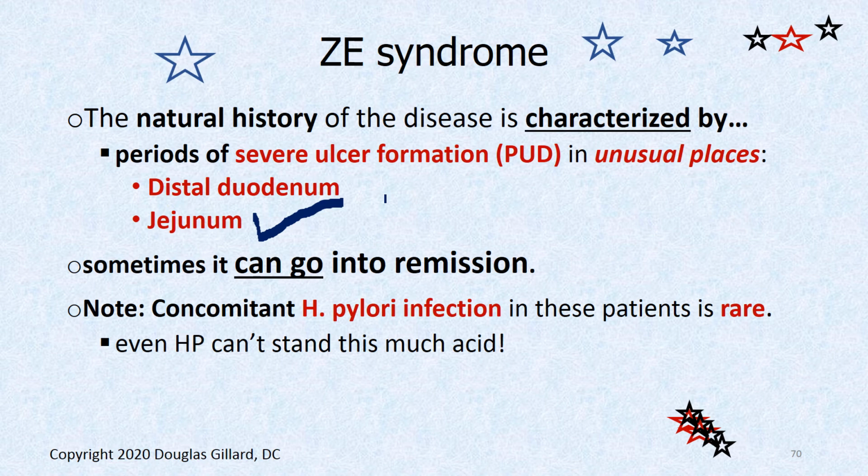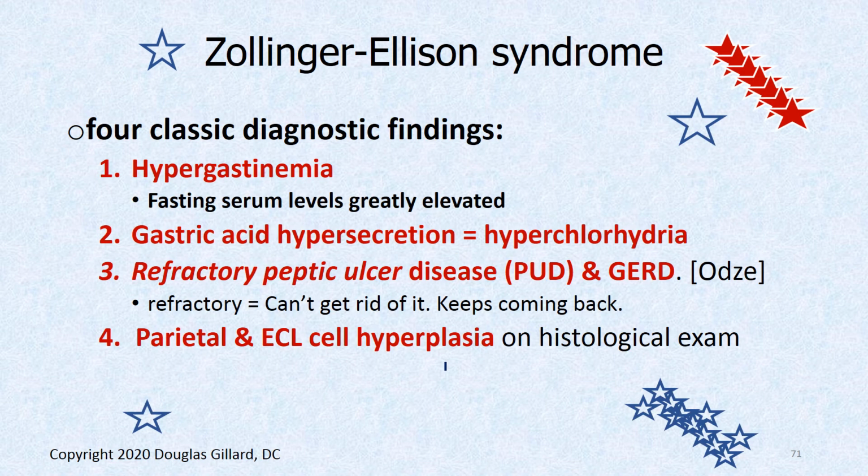And weirdly, these tumors can go through cycles of secretion. They can go a couple months and then stop, and then go a couple months and stop. One good thing, at least, is you're not going to have H. pylori infections in these patients. It's too much acid. Even H. pylori, which loves an acidic environment, can't handle being in that type of environment.